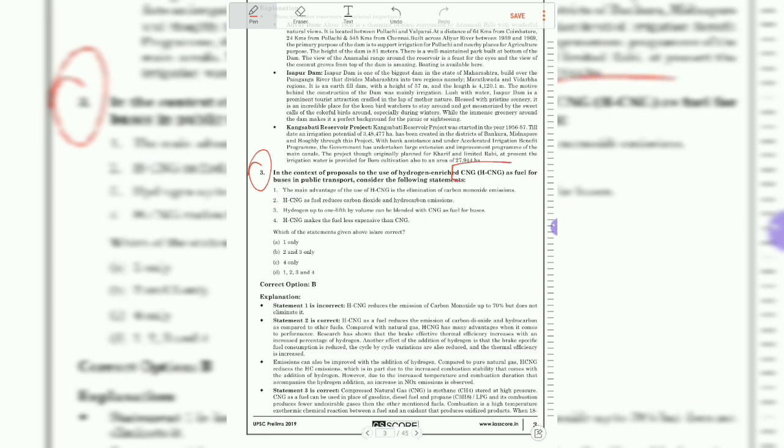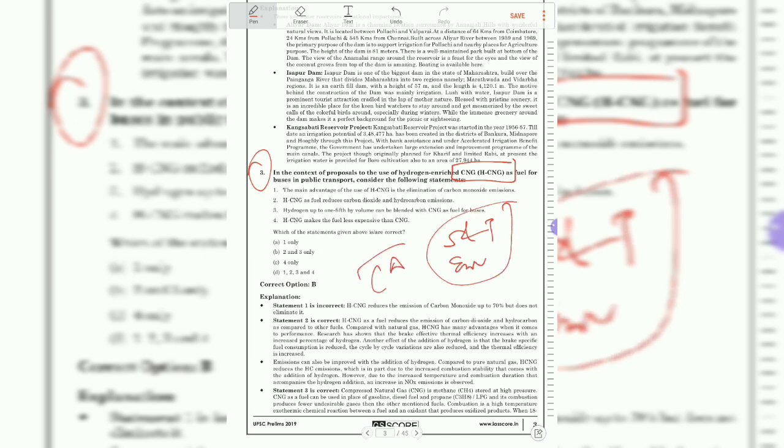Again, this question goes to science and tech, environment, and current affairs. But still, with some facts, without reading the current affairs or knowing the exact information, you can easily eliminate. But first, for such questions, my suggestion is to find out the subject like we have done, then go to the booklet you have read for current affairs.